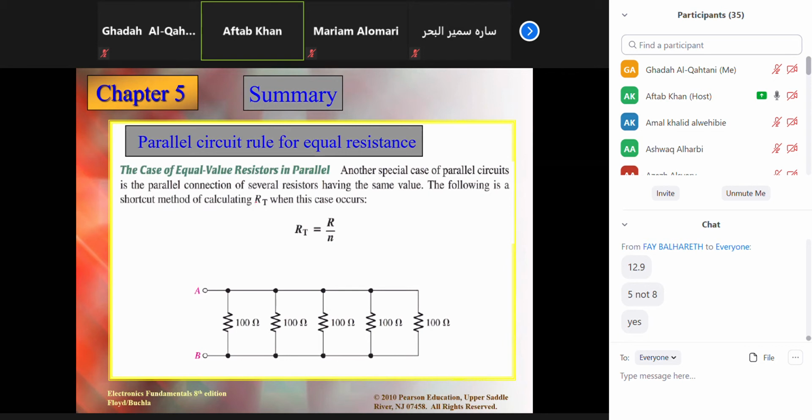What is a special case? They are saying in case equal value resistances are connected in parallel. See now, if this is the situation, we have equal values, meaning all resistances are of the same value.